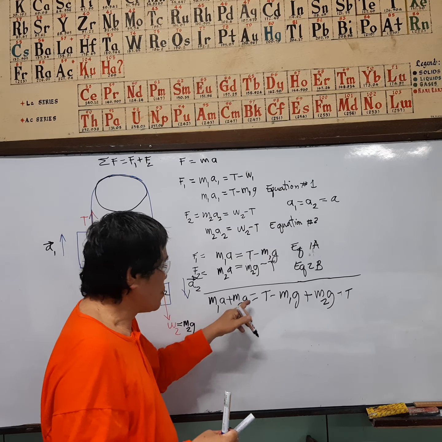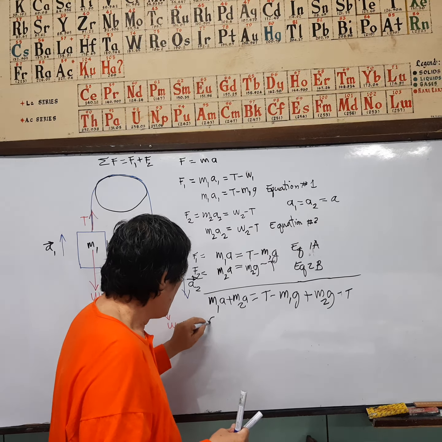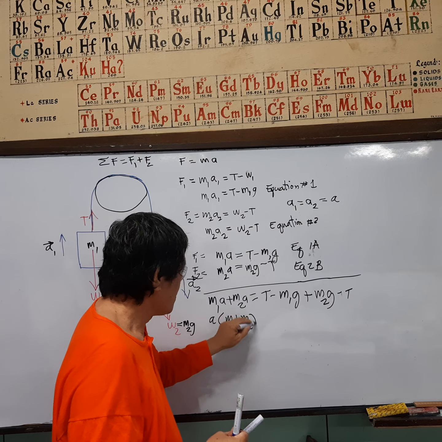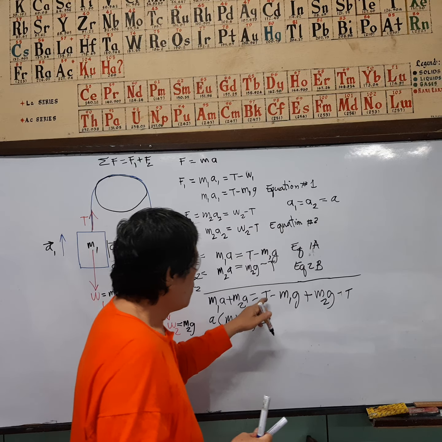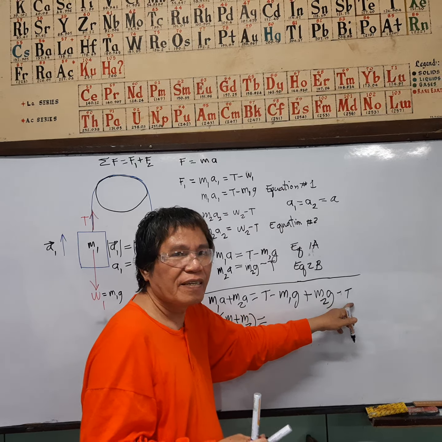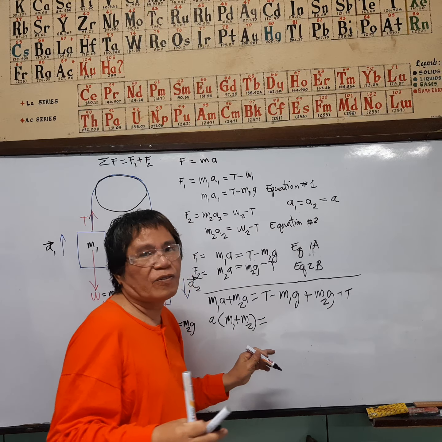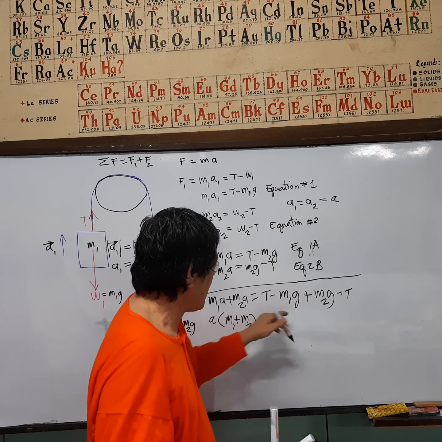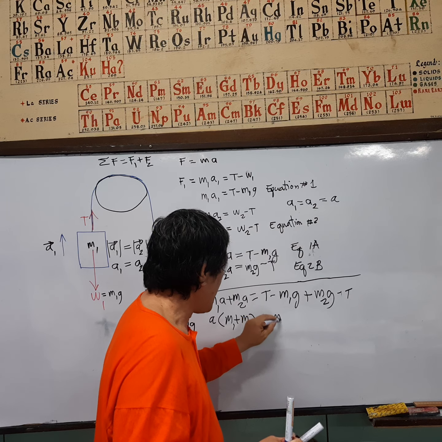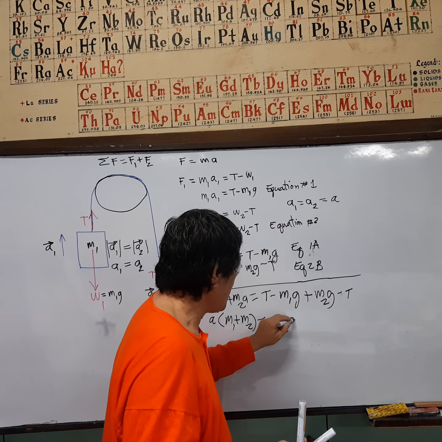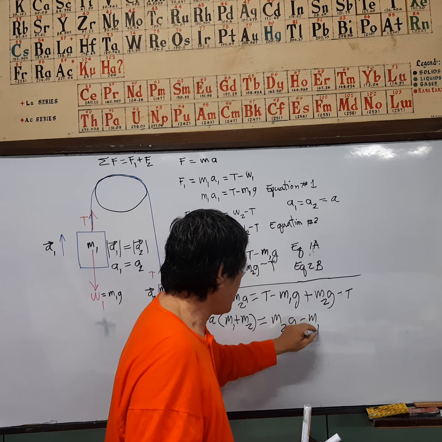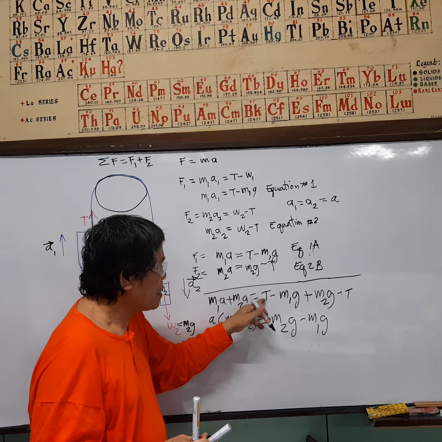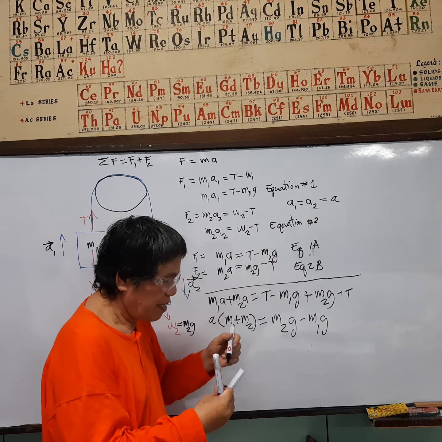A is a common factor, so we factor out A. So, M1 plus M2 equals, we cancel out T and T. T minus T, no more T, zero. So what remains is this.